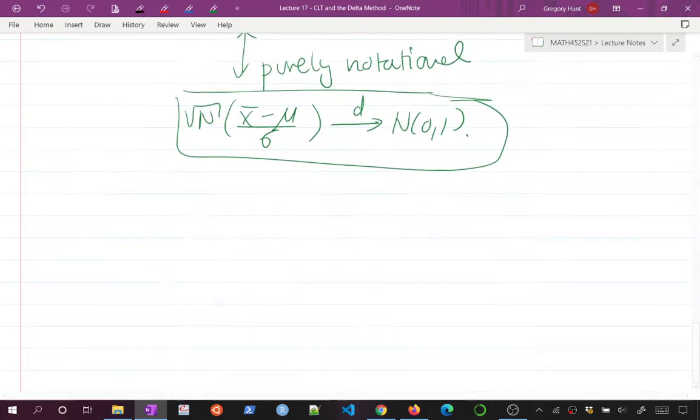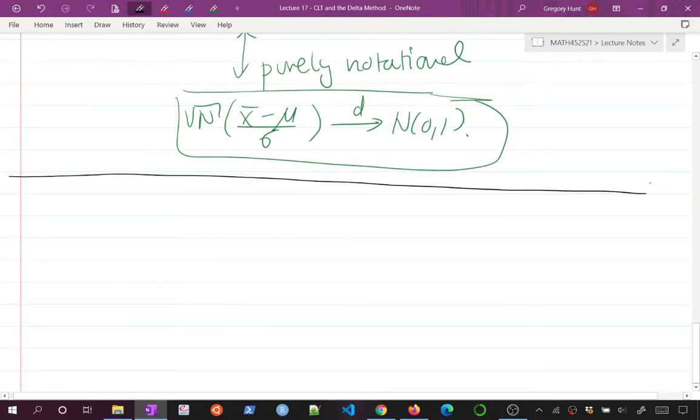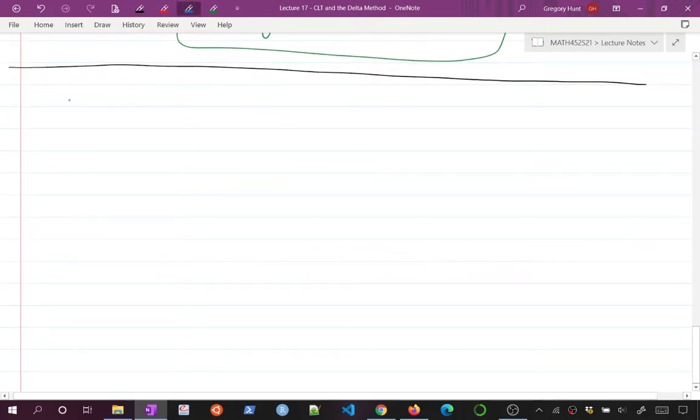So let's look at a couple of examples, maybe. Let's look at an example or two of the central limit theorem in action. Let's assume I have some data. Let's say maybe it comes from a Bernoulli distribution with a parameter p, right?